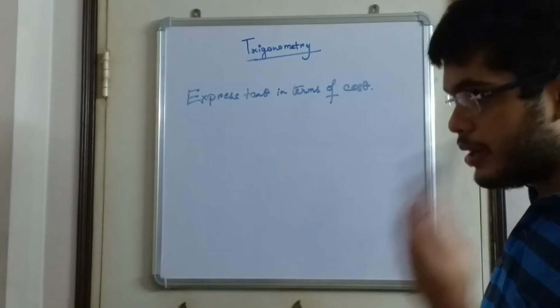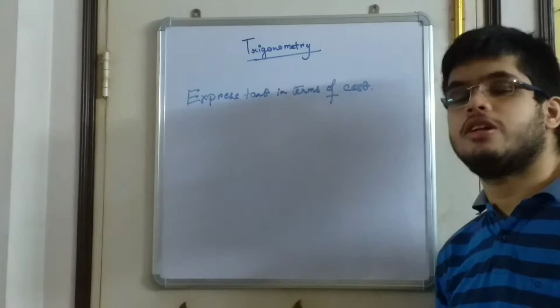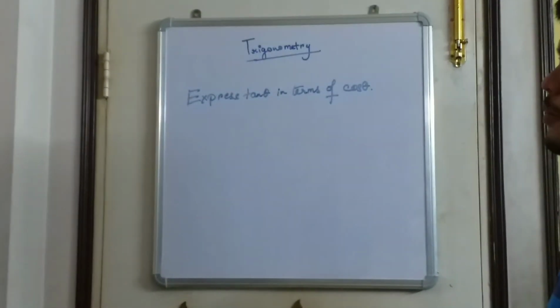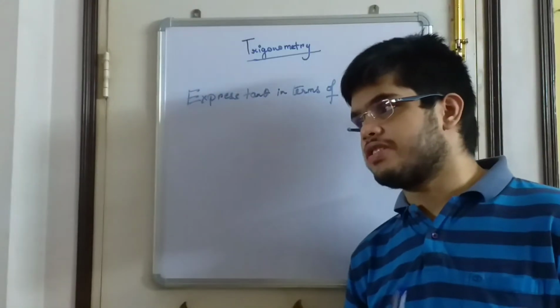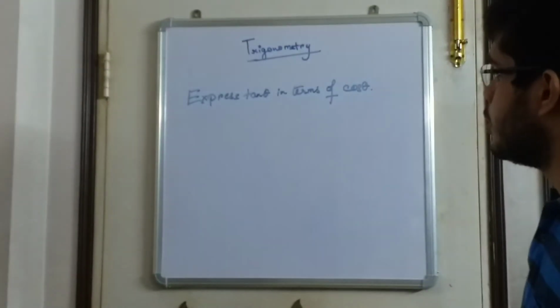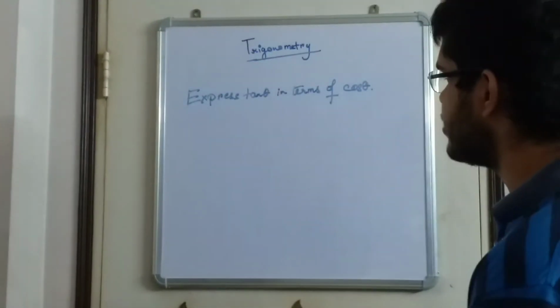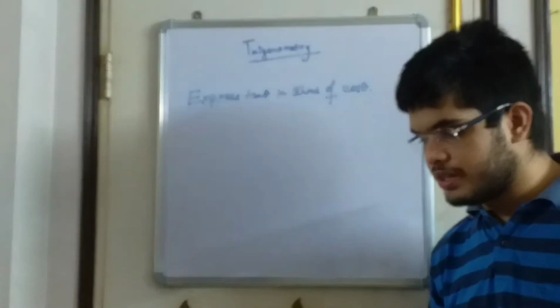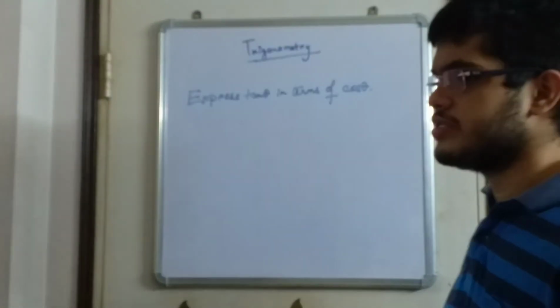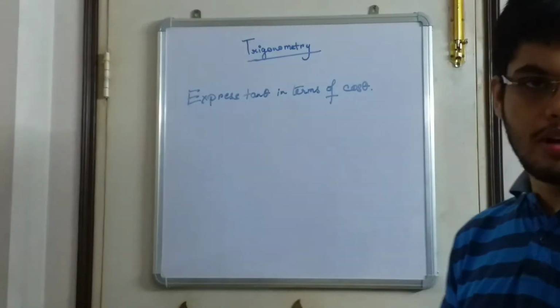For this you have to remember the three basic formulae which I wrote at the beginning of the chapter, and also the reciprocals. Okay, so express this. Actually this is a class 10 level question, but since I am beginning the chapter today, I am giving a few introductory questions before I move on to the more detailed parts. Okay.